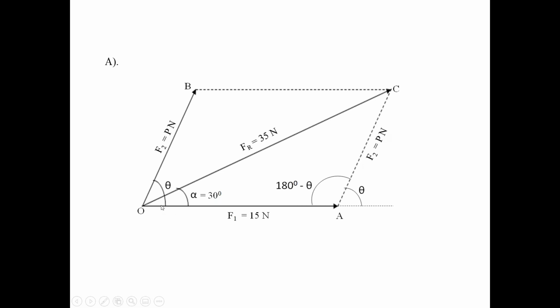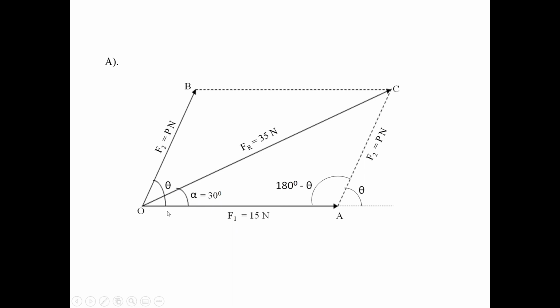Let the angle between the forces F1 and F2 be theta. The angle between the resultant force Fr and F1 is 30 degrees, that is alpha.